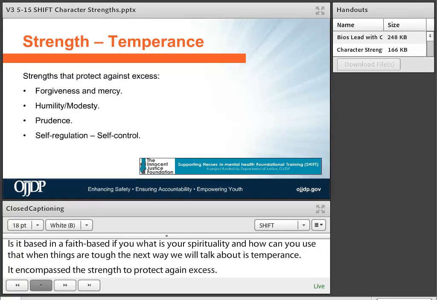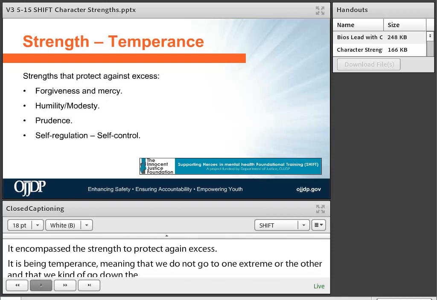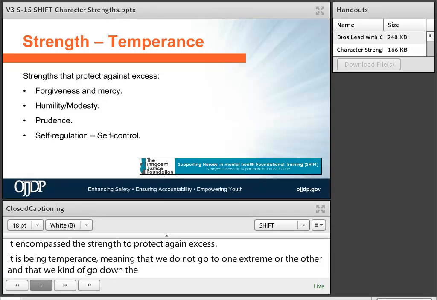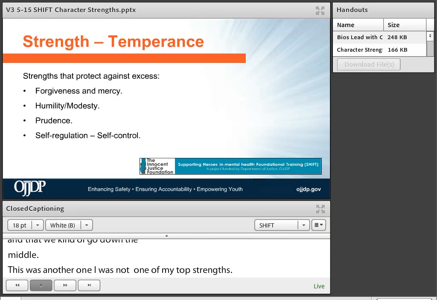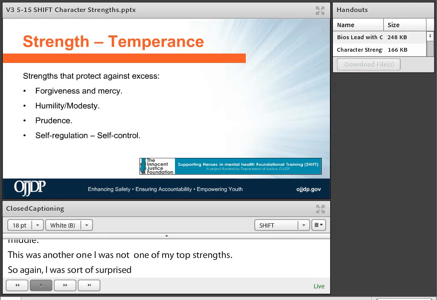I think that was another one that wasn't one of my very top strengths, and so again, I was sort of surprised, but not so much, because when I like something, I really, really like it. So for me, working on self-regulation and self-control was a strength that I really wanted to increase.